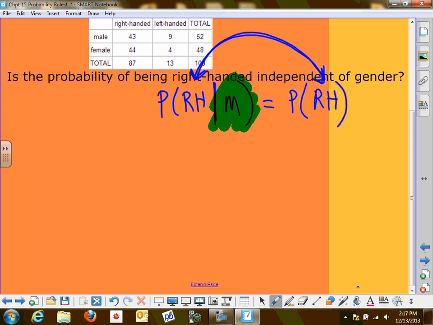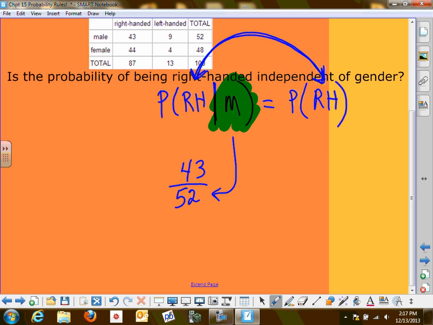So, now let's do this. We know, given that it's male, all the males go on the bottom. How many males do we have? We have 52. And on the top, we want the right-handed males. How many right-handed males are there? 43.